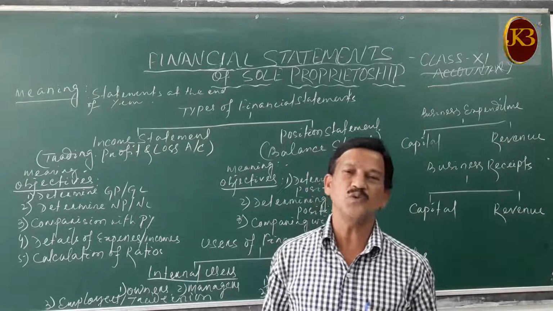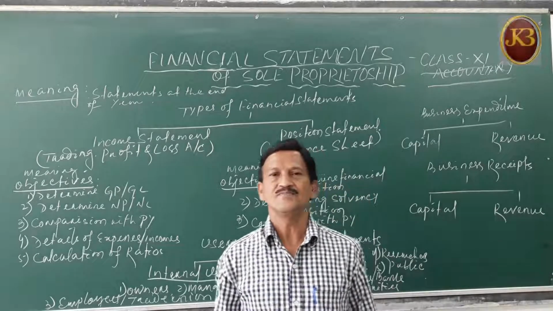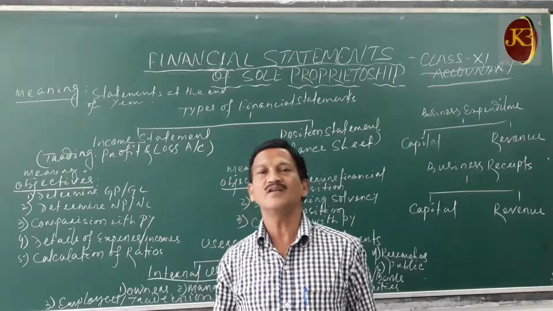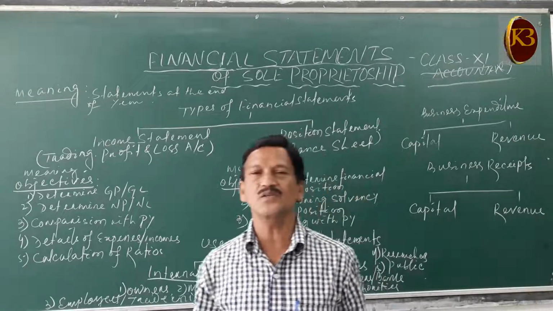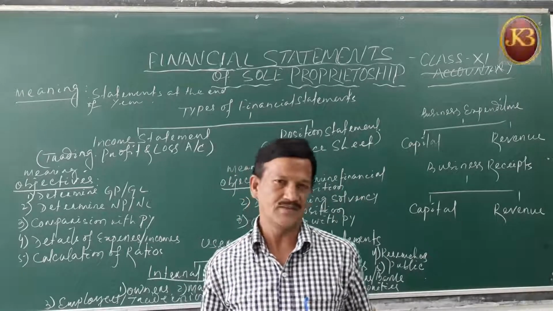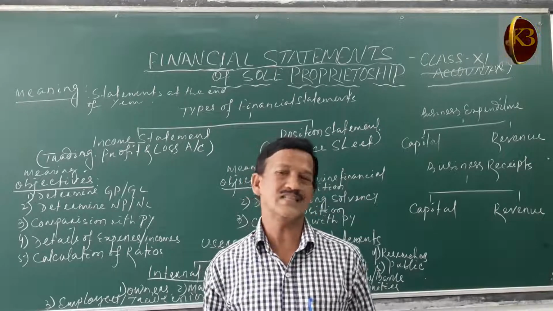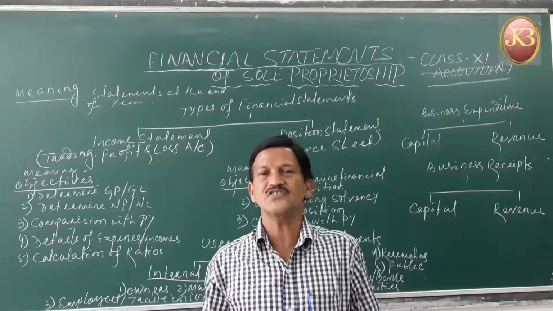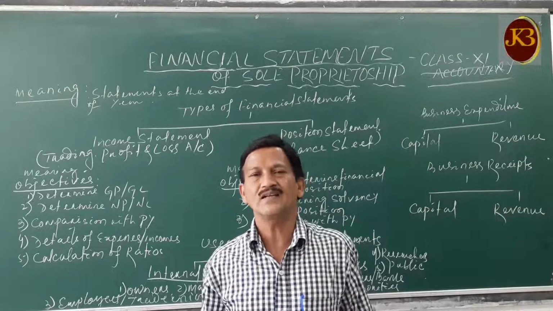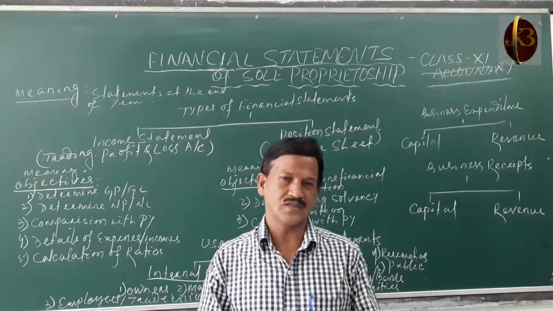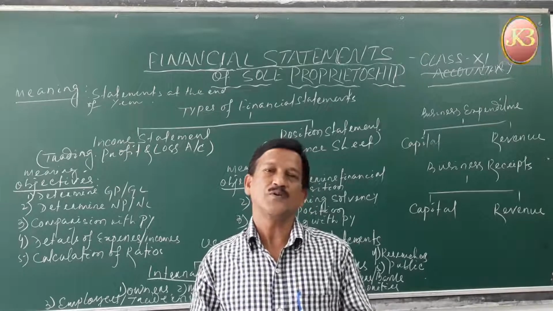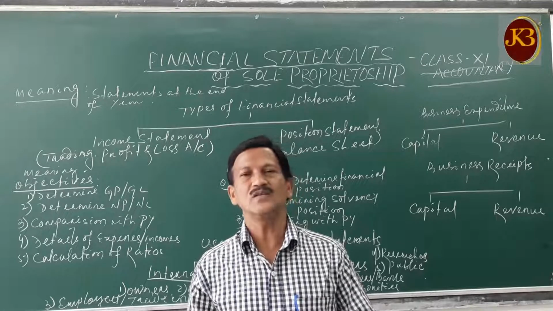As you know, the sole proprietorship is a business which is run, managed and controlled by one man, that is the one owner. He is responsible for starting his business, running his business and earning the profits and losses. He is the sole profit bearer and also the sole risk taker.